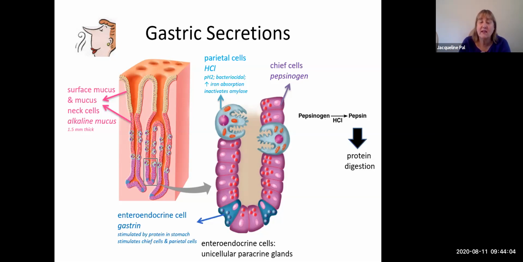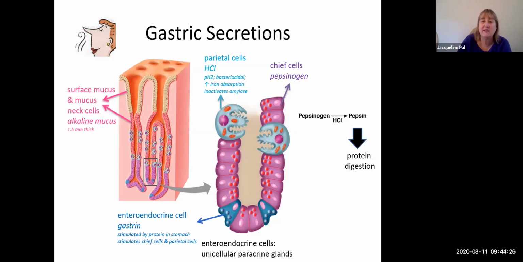The ones located in the stomach secrete a substance called gastrin. So what makes you secrete gastrin? When you ingest dietary protein. So when dietary protein comes in, your body secretes gastrin. What does gastrin do?